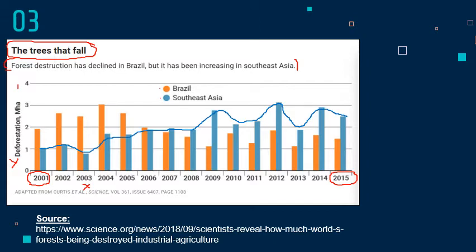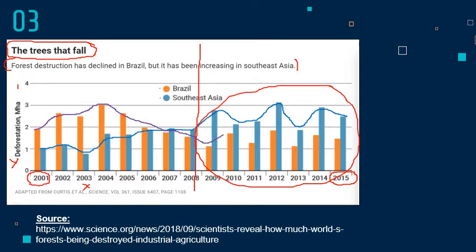If we were to cut it in half, it's ended up higher in this half than it has in the first half. Now, on the opposite, I haven't actually got an orange marker, so I'm going to use purple for Brazil. It starts off fairly high, and then it goes down to the bottom here. Yep. Okay, so I can see that for Brazil, it has actually been decreasing, whereas with Southeast Asia, it's been increasing over time.